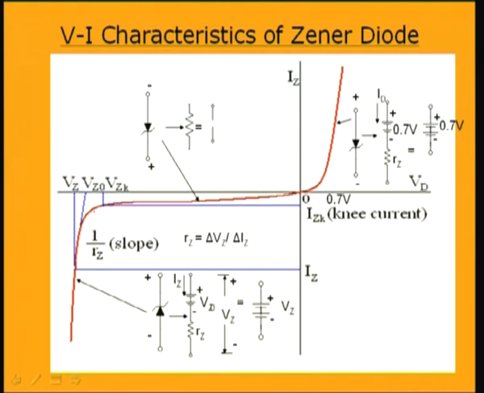Actually, if we consider the knee region of this curve, the center of this knee region corresponds to this point Izk. That means below this knee current there is no breakdown. That means from this point to this point, up to the knee point, this resistance is very high and it is almost like an open circuit.